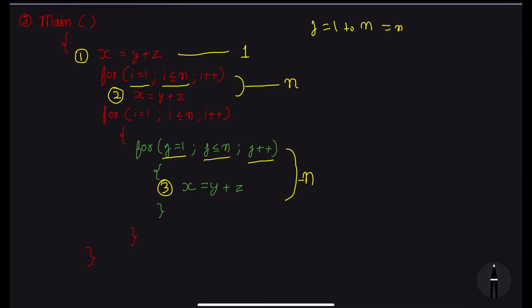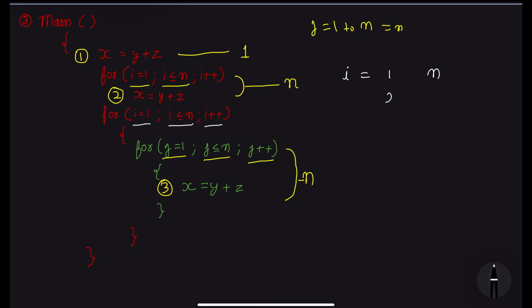Now let's look at the outer loop. This is running from i equal to 1, and it will run until the value of i is smaller than or equal to n, incrementing i by 1, i plus plus. If we try to run this code, when the value of i is 1, the inner loop will run n times.